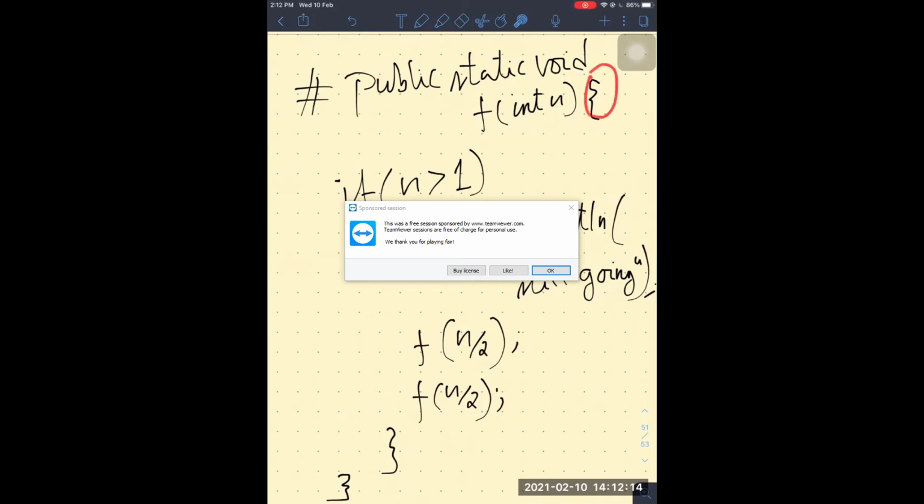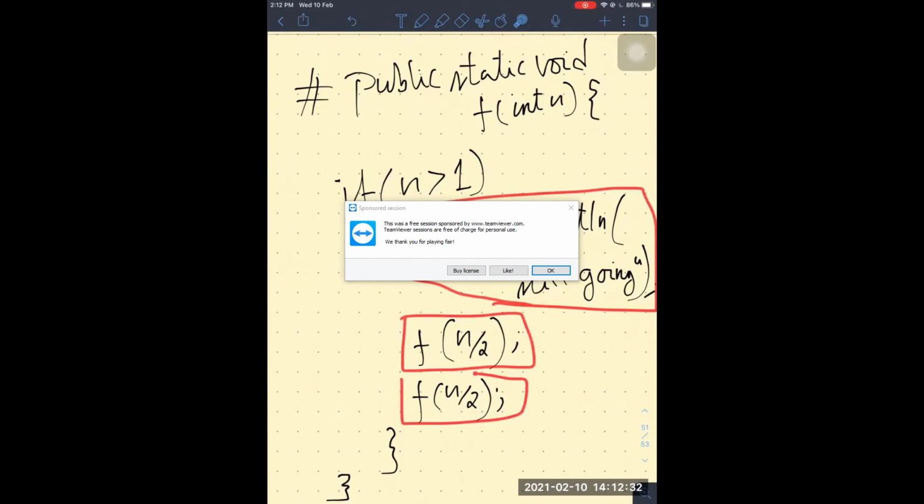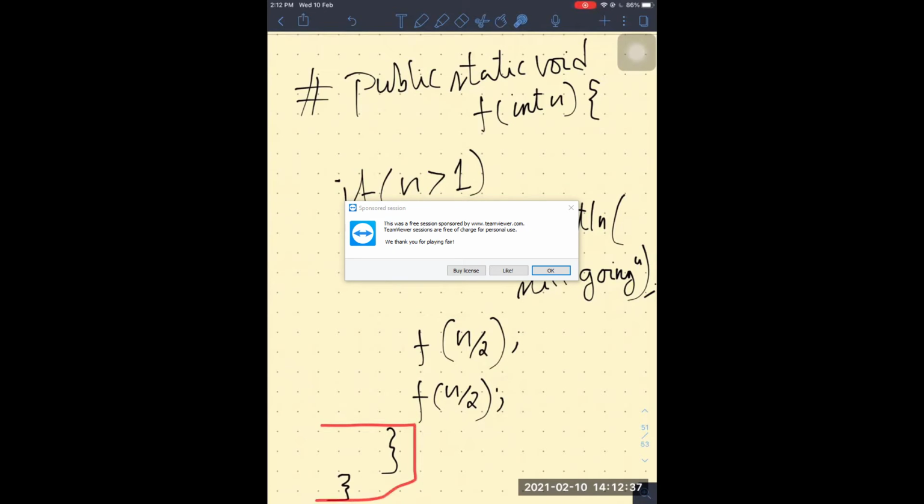Then we have if n is greater than 1, then we have system.out.println, it prints something. Then we have f of n divided by 2 and f of n divided by 2 again. Then this if ends there.